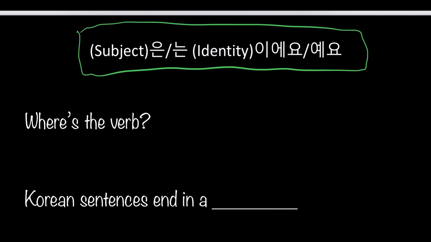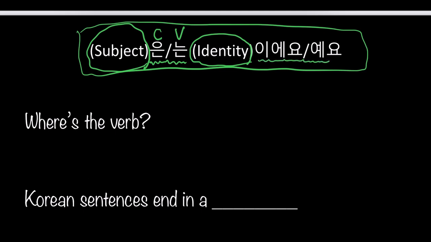We put a word for the subject, and then we pick the subject particle based on whether it ends in a consonant or vowel, and then we pick an identity word, and then we choose how to conjugate the verb to be based on whether the word for identity ends in a consonant or vowel.